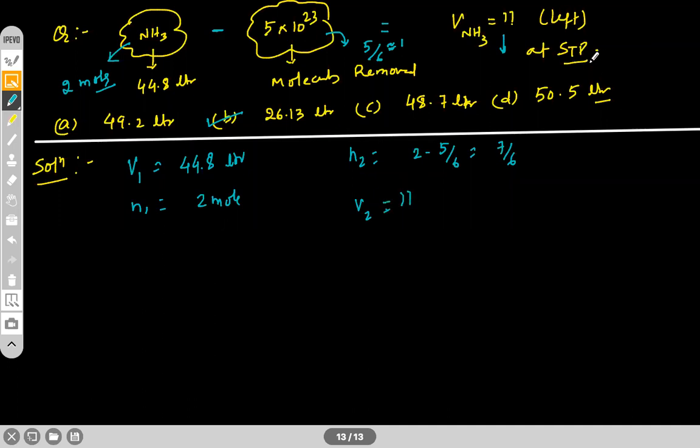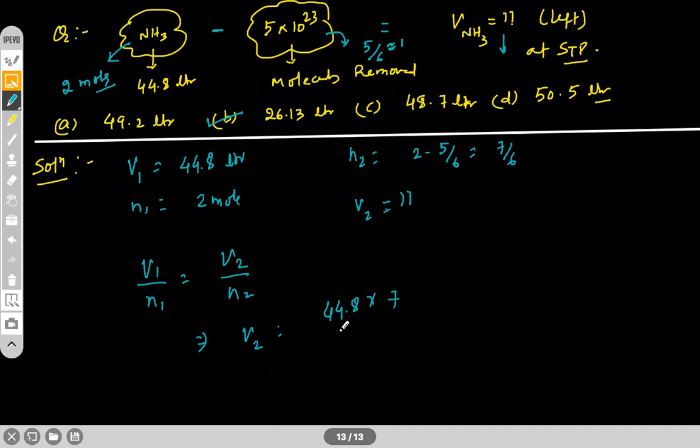Condition is given at STP, so P and T are constant here. So we can apply Avogadro's law. V1 by N1 is equal to V2 by N2. So V2 equals 44.8 times N2, which is 7 by 6, divided by N1, which is 2. When you solve this, approximately you'll get 26.13.